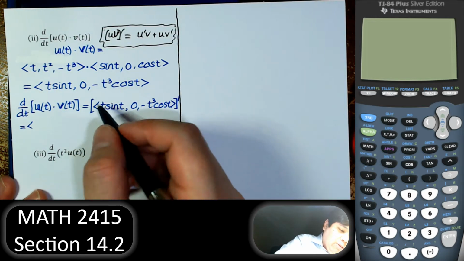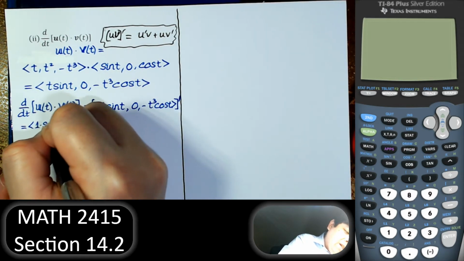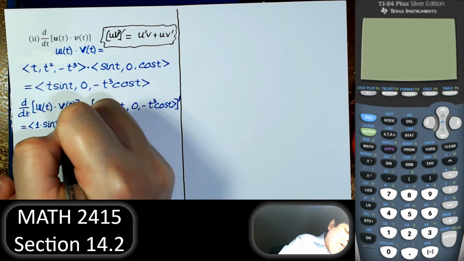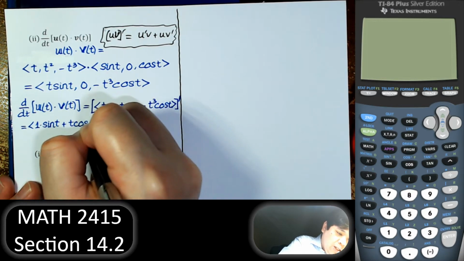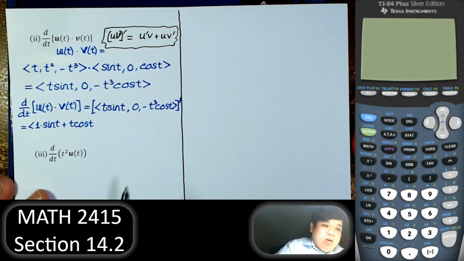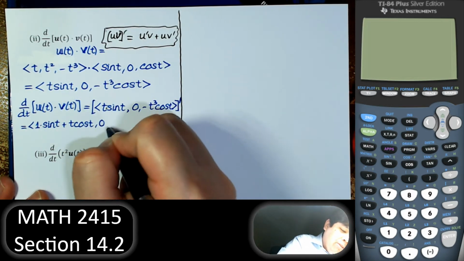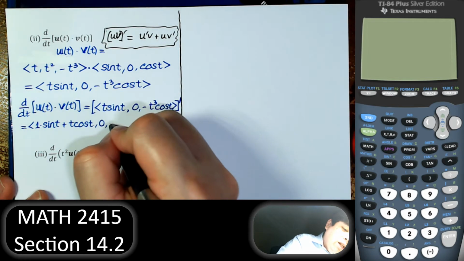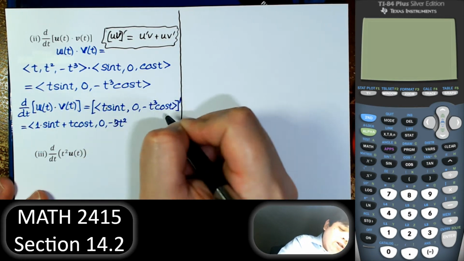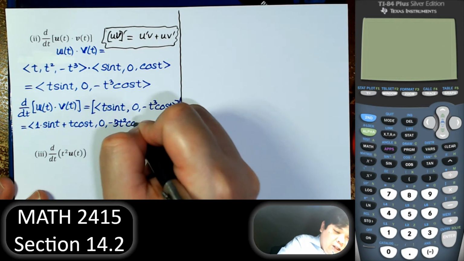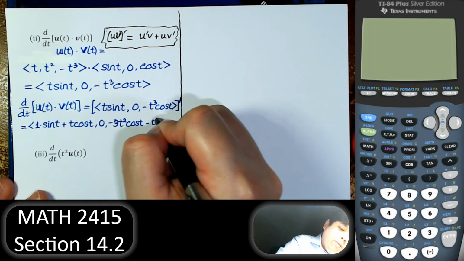So the derivative of t is 1, and then sine t, plus t, the derivative of sine t is cosine t. I have to write a little smaller because we don't have much space here. 0, the derivative of 0 is still 0. The derivative of negative t cubed is negative 3t squared, and then cosine t, and then we have negative t cubed.